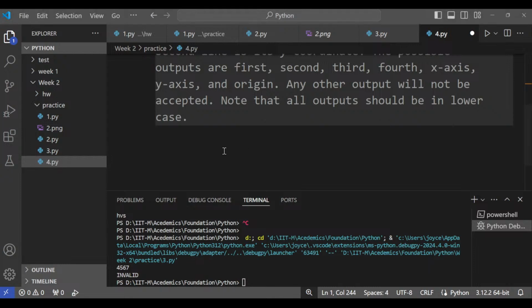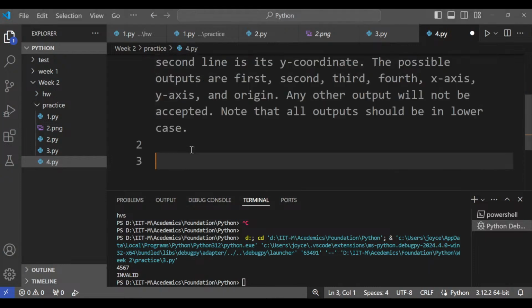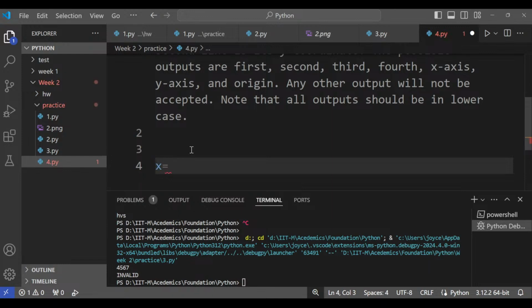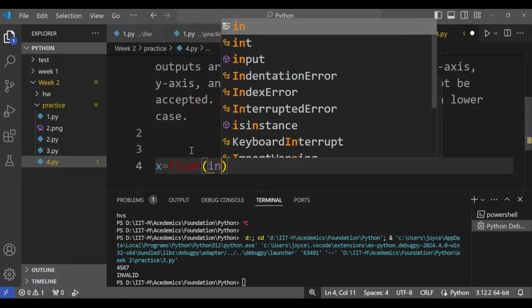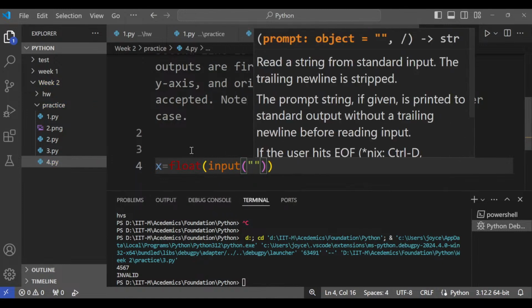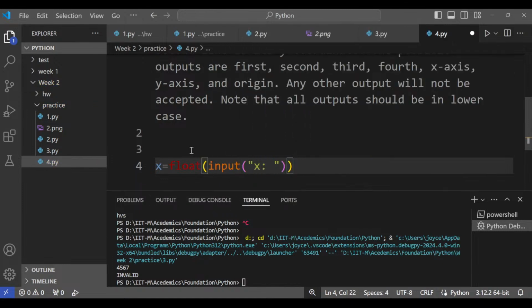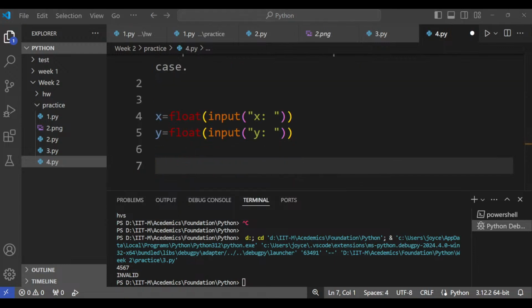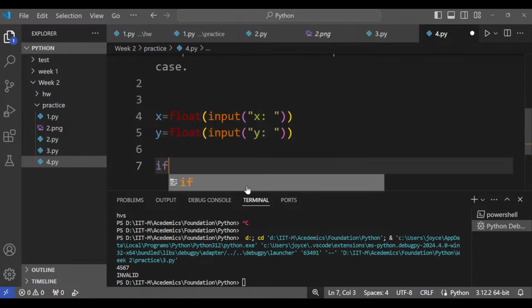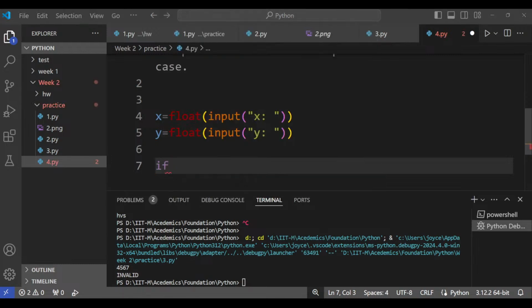Okay. So let us take x and y as the input. So we have x equal to float of input. This is for x. Same thing for y would be like this. So y done. And then what we need to do is, we can use a nested if.